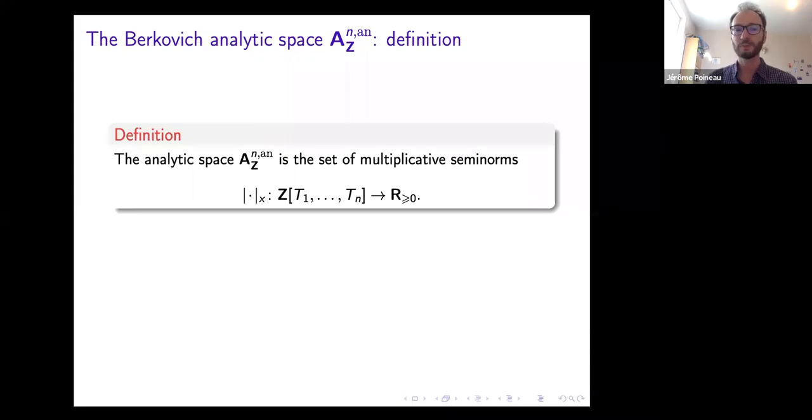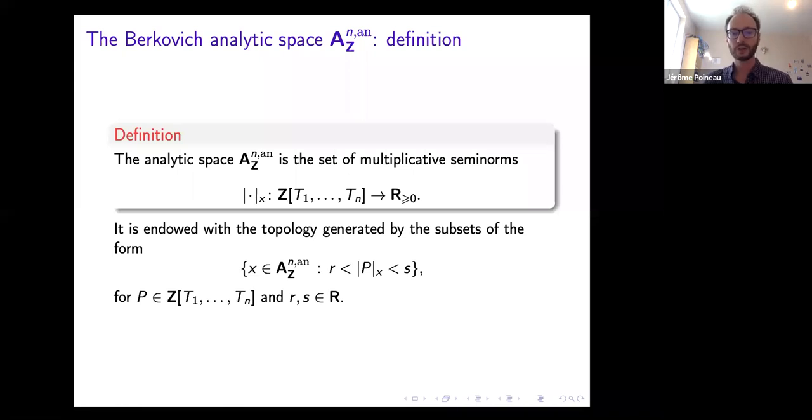So the analytic space of dimension n over Z, in the Berkovich sense, is, as a set, you just take all the possible multiplicative seminorms on the ring of integers with n polynomial variables added. Okay, the set of multiplicative seminorms. I'll give an example right after that. I just want to give the general definitions first.